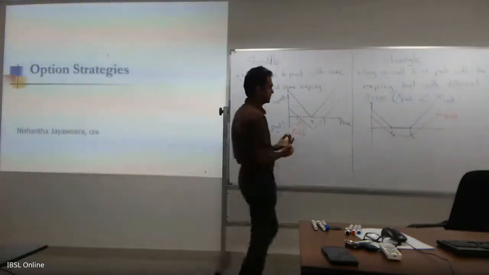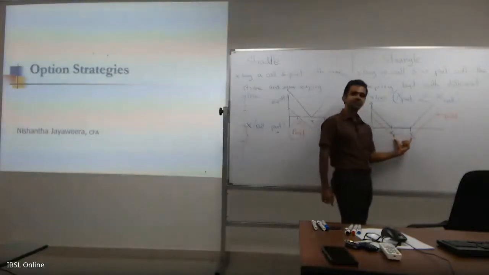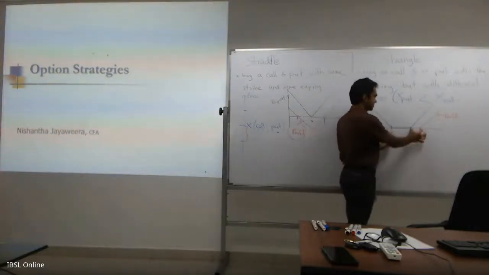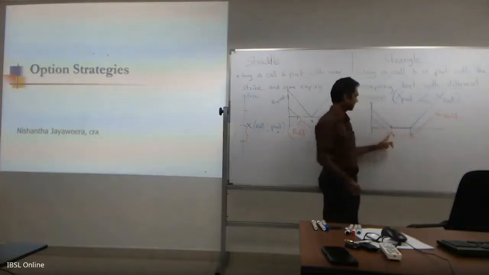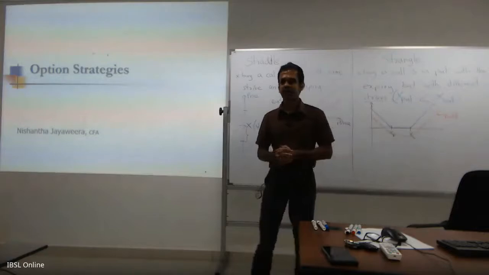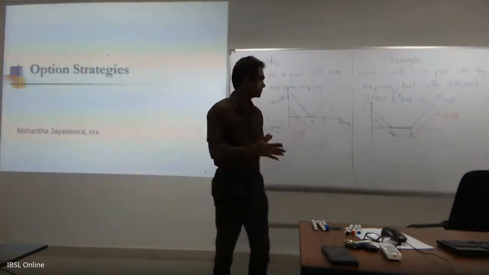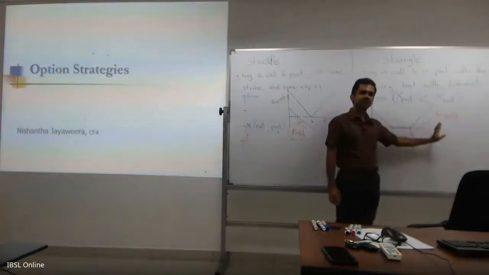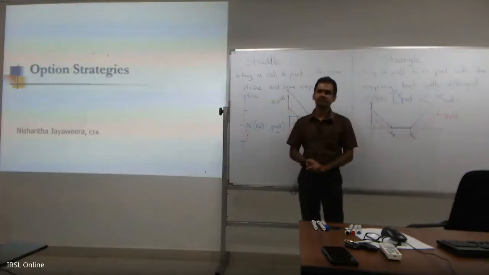Because now you can see there's a region where the price remains there, you won't get any gain, so just the loss of the premium. Then there's a small region, another region, where our loss will be minimized, but still we won't get any gain. The price has to move far away from the current levels for us to make a profit.